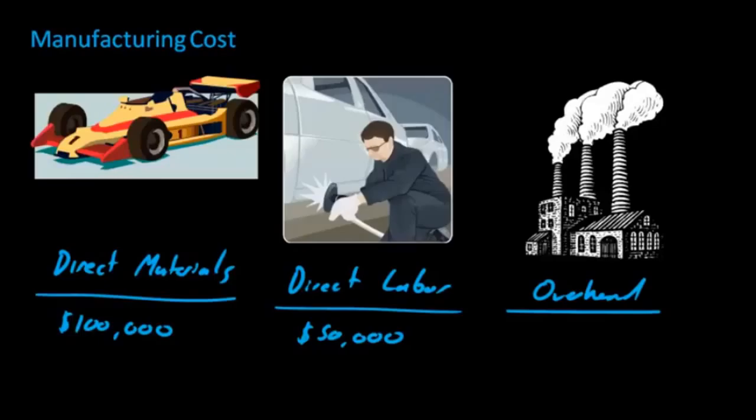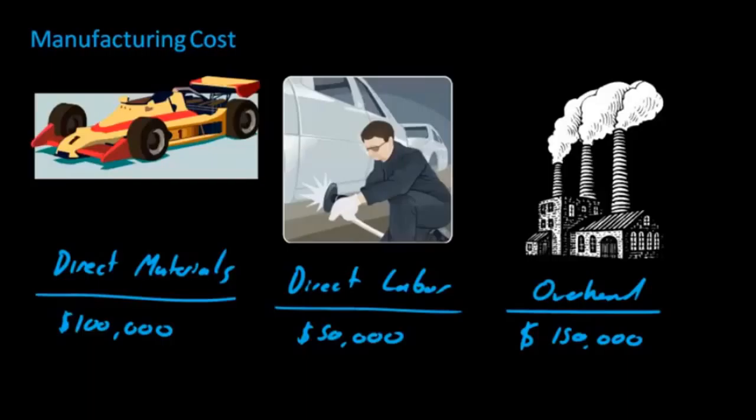So this is going to be things like our factory, the equipment we use, security for the factory, maybe the factory manager's salary, and so on. We have lots of indirect costs, and we can call all of that indirect cost overhead. Let's say our overhead for producing these cars is 150,000.